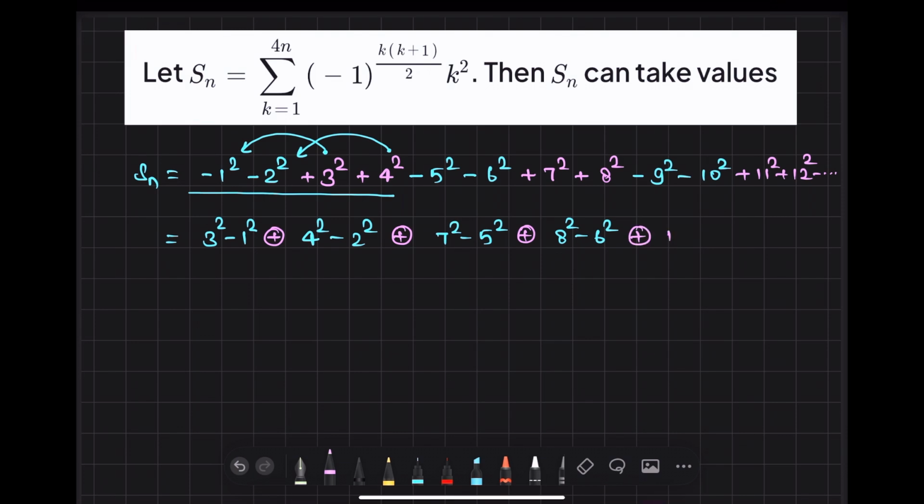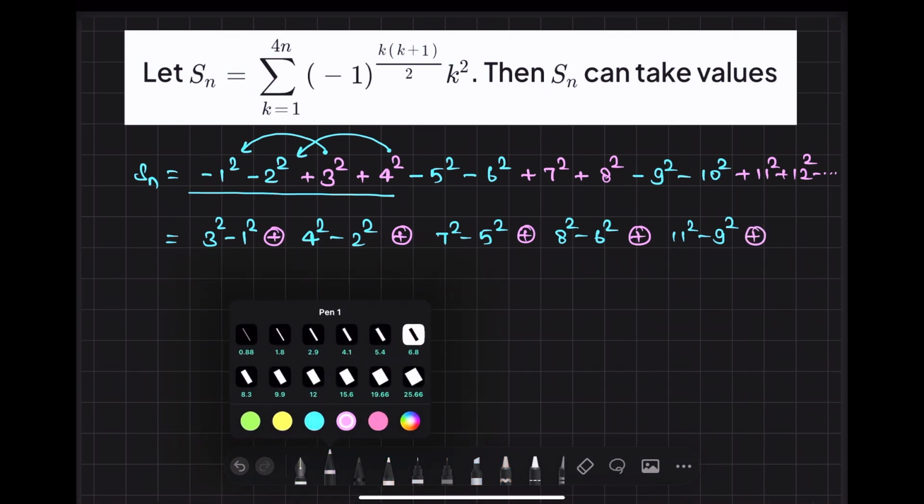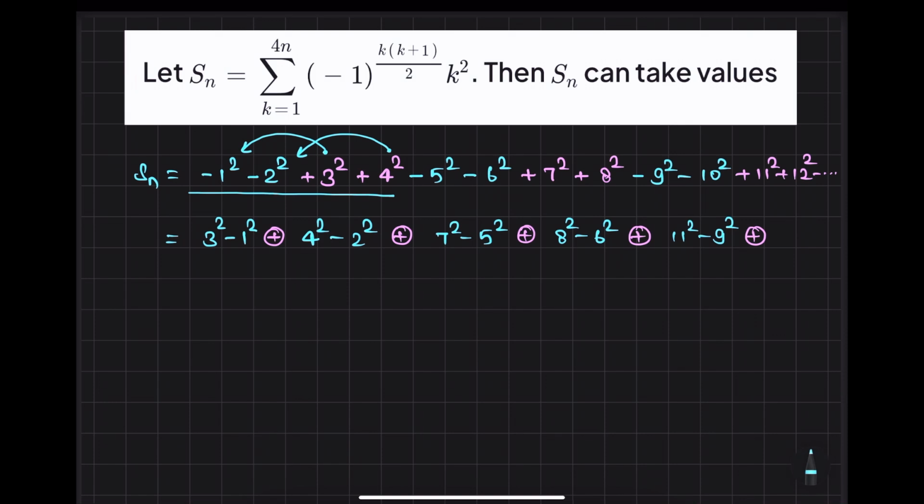Then I will connect 11 square minus, no, I have to choose a different color. 11 square minus 9 square, plus, have patience. Okay, then we have 12 square minus 10 square, dot dot dot.